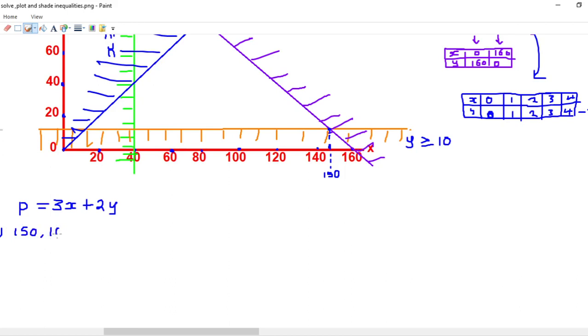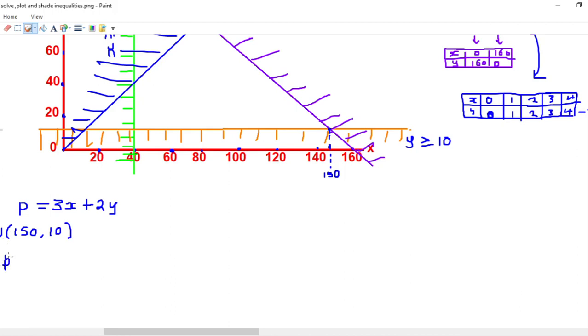This means that if we make 150 Hungarian sausages and 10 beef sausages, we can have the maximum profit. Now, is that true? We need to try this.